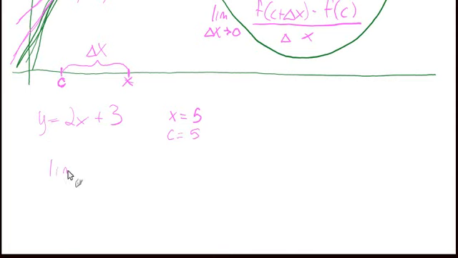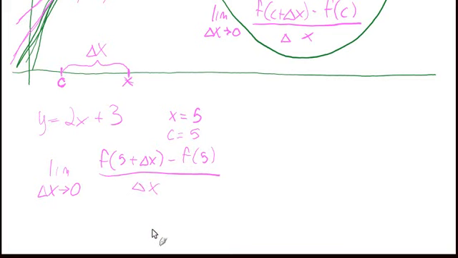So we're looking at the limit as delta x approaches 0 of f of c plus delta x, so f of 5 plus delta x, minus f of 5 over delta x.